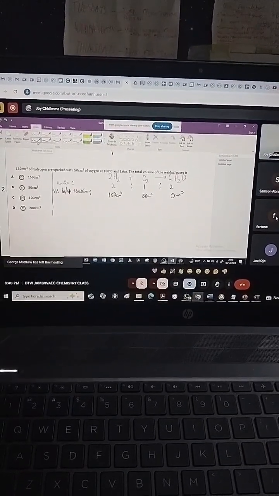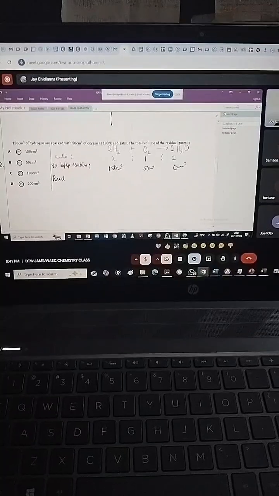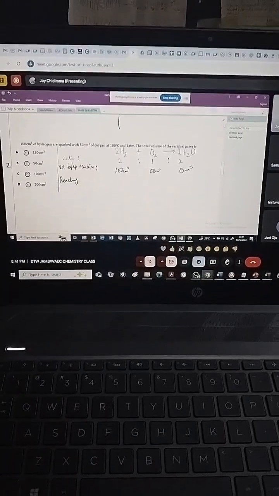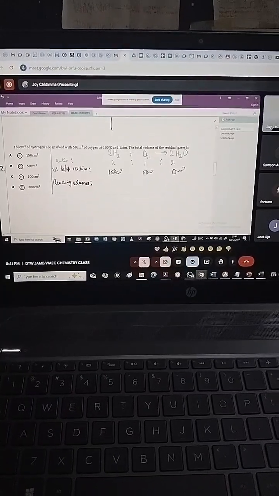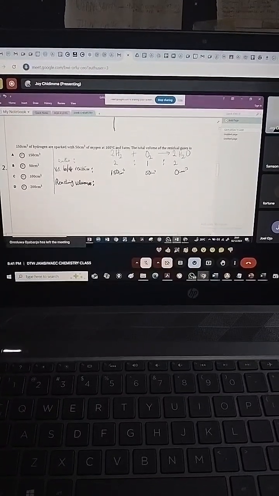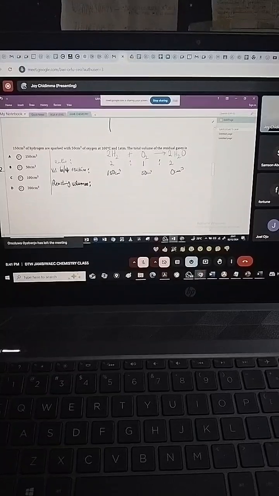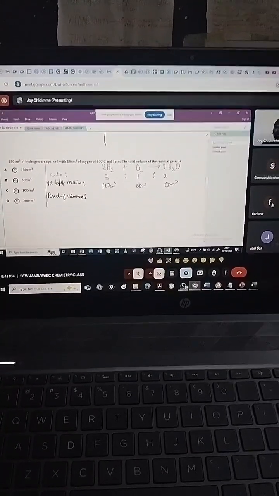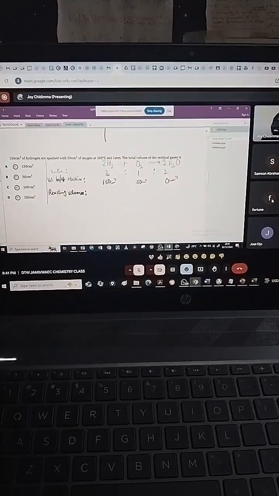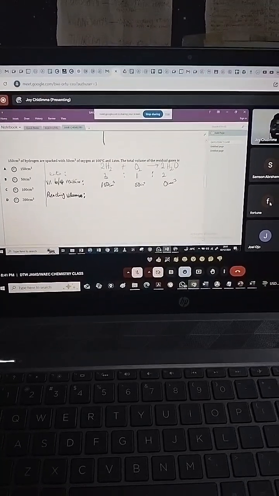Reacting volumes, from our ratio: 2 cm³ of hydrogen requires 1 cm³ of oxygen.